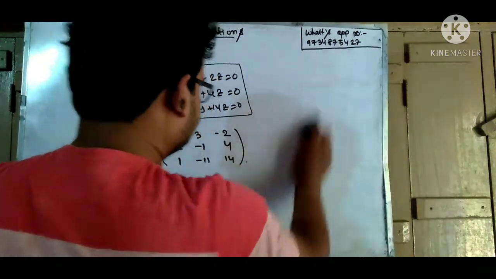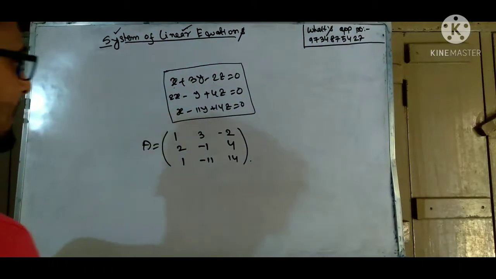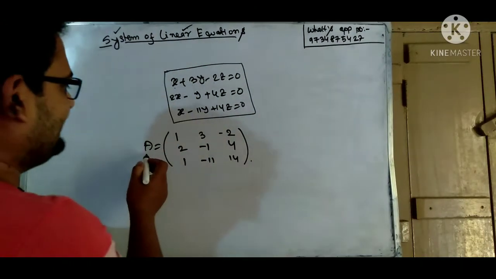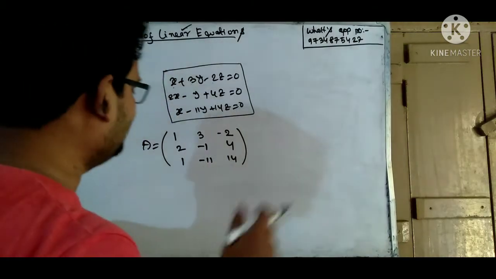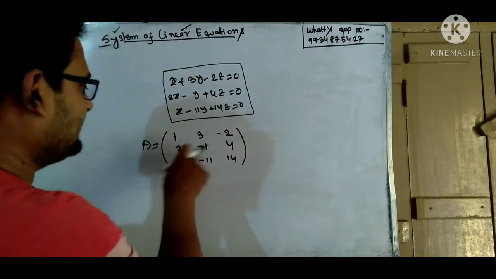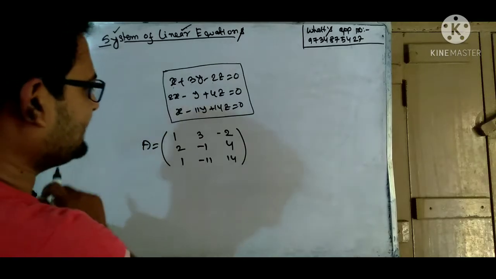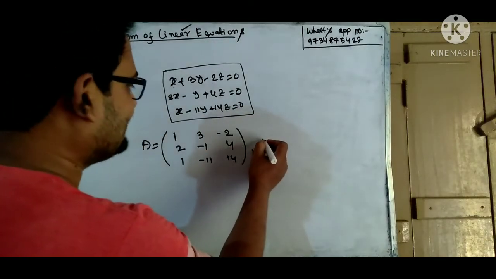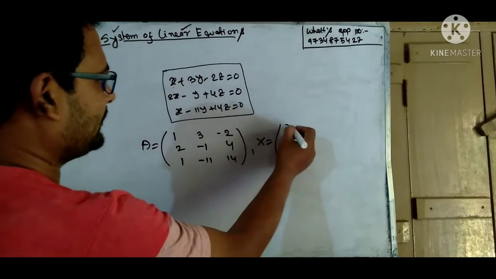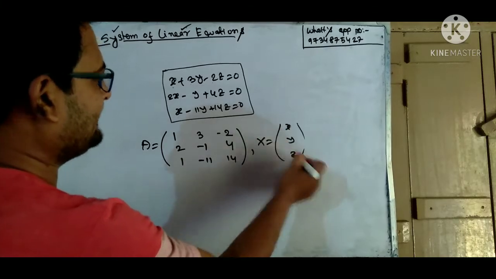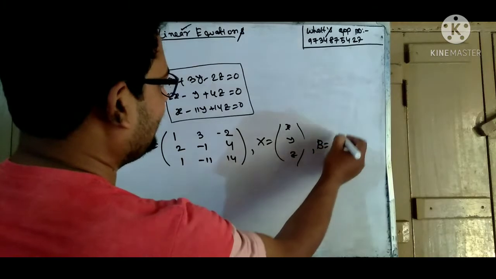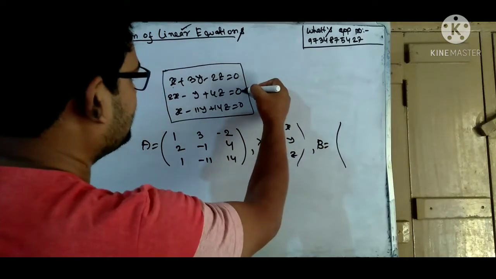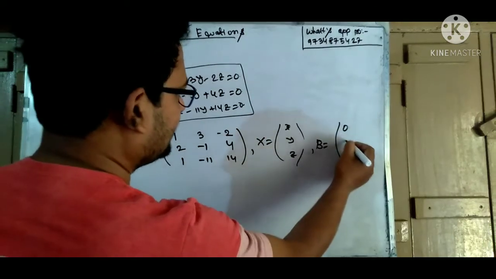Now, A is the coefficient matrix. We have already studied in class 11 and 12 what the coefficient matrix is. Let us take capital X equals x, y, z, that means the variables in a column, and capital B equals the constants 0, 0, 0.